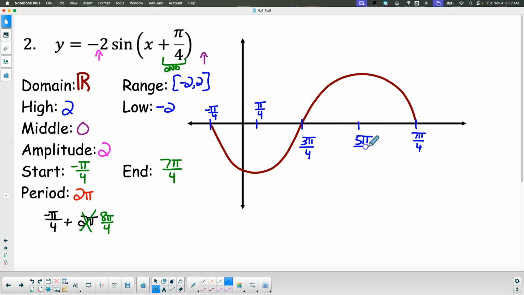Divided by 2 is 5 pi over 4. Vertically, I went up to 2. My middle was 0, and I went down to -2. Do we agree? Anybody not agree? Okay. All right. Let's try another one.